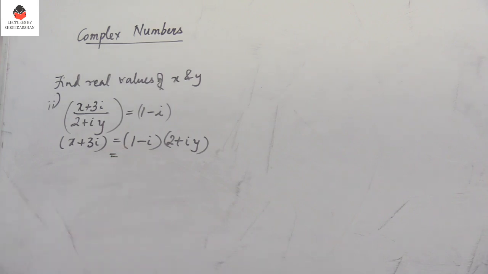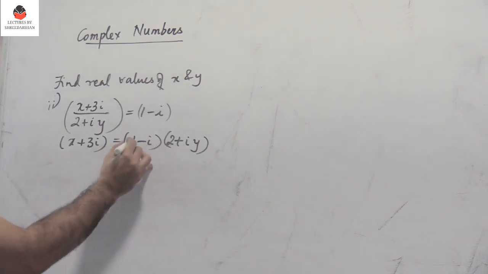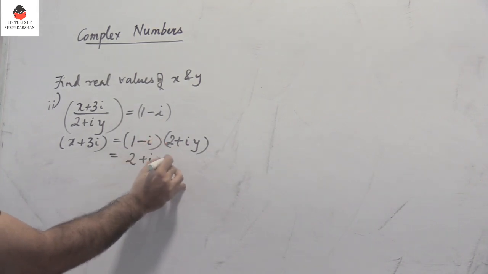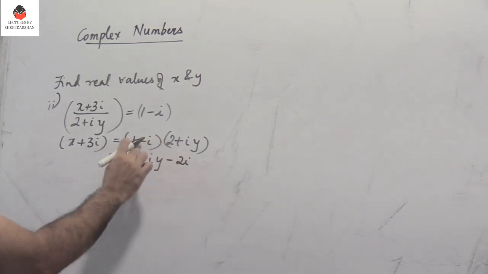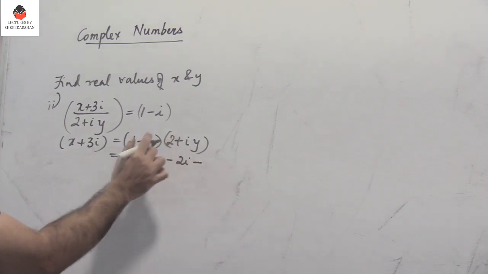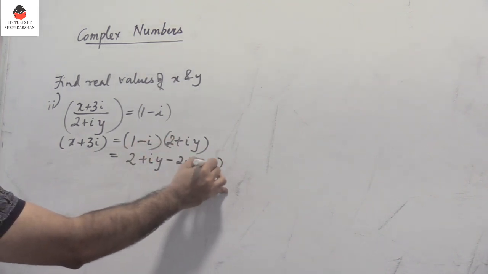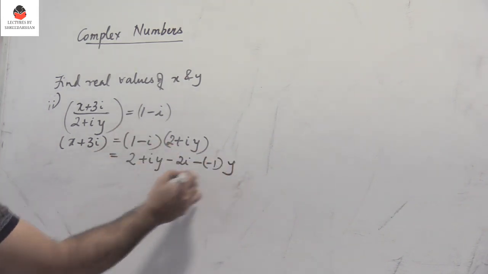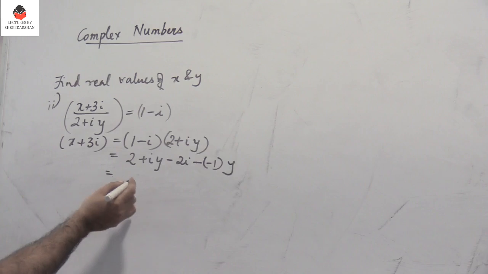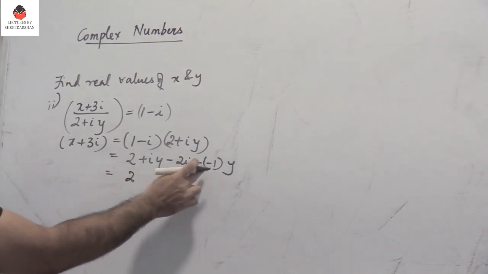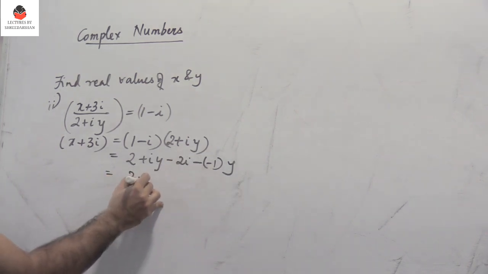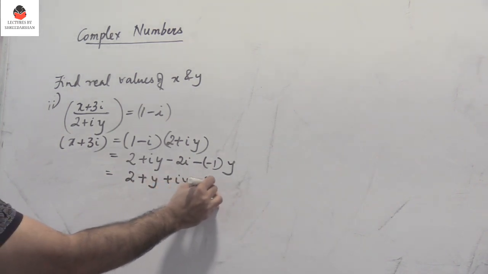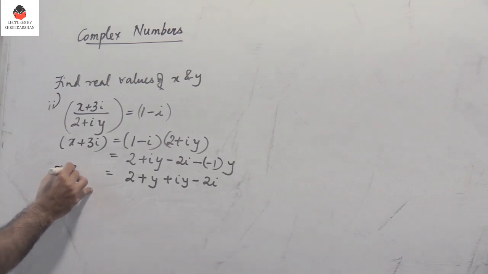So multiplying the right hand side, 1 into 2 is 2, 1 into iy is plus iy, -i into 2 is -2i, -i into iy is -i² y, which is -(-1) into y. So what do we get? We get 2, minus into minus is plus, plus y plus iy minus 2i. So this is x + 3i.